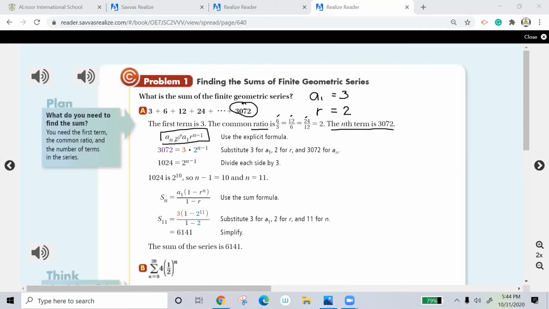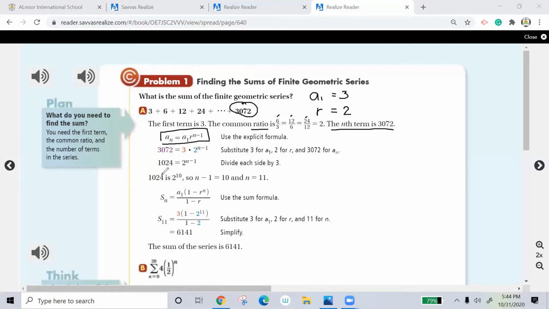Okay, what is our A sub n, or our last term? Our last term from this problem is 3072, equals, what is our A sub 1, or the first number? 3, times, what is our R? Our R is our common ratio, which is 2. So 3 times 2 raised to n minus 1.